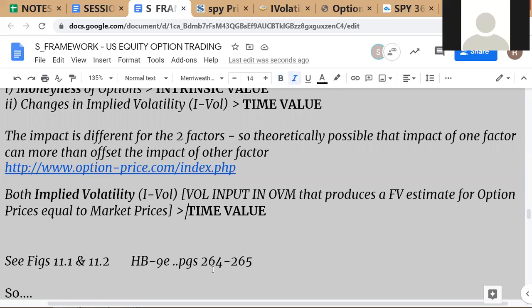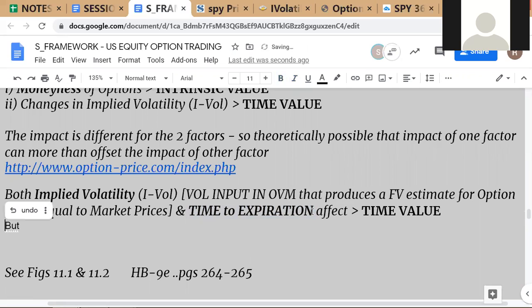Both implied volatility and time both affect the time value. But here is the important thing: why do we worry only about the IV and not about this? Because, let's put it this way.